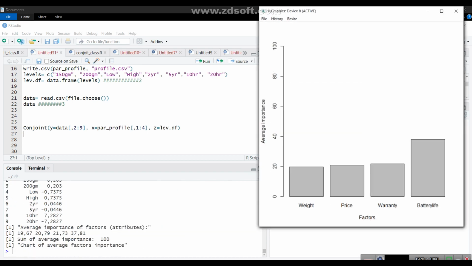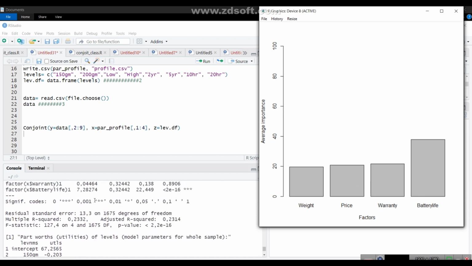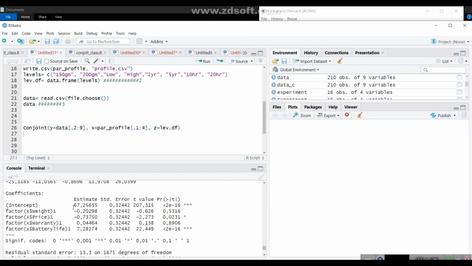The most important graph is this one, the average importance. According to my data, the consumers are giving most importance to the battery life, followed by warranty, then price, and then weight. I can confirm this from table 2 here.